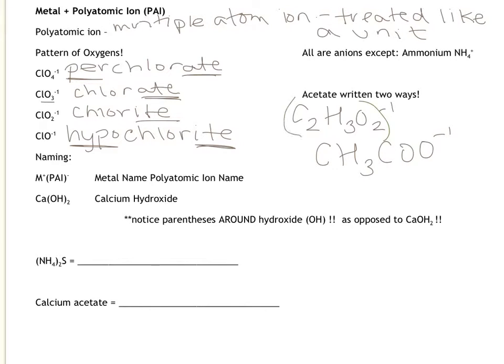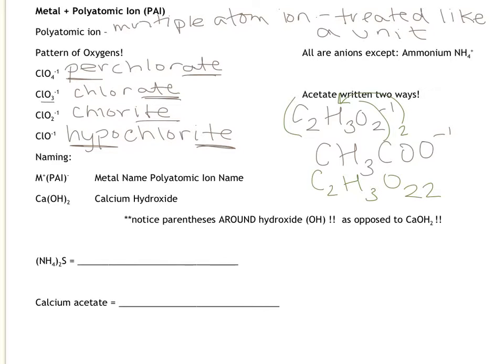So there'd be a parentheses here and here. This way, if we have 2 acetates, we would put a 2 after it, and that shows that we have 2 of this entire thing. Otherwise, if we were to not use one, we'd have C2H3O2 and 2, and that would look like we had 22 oxygens when that's not the case. We have 2 acetate ions.